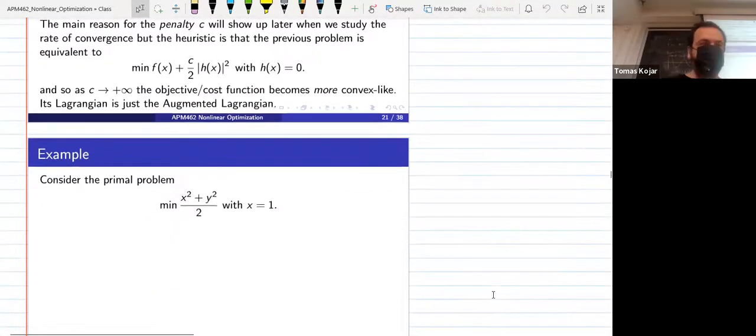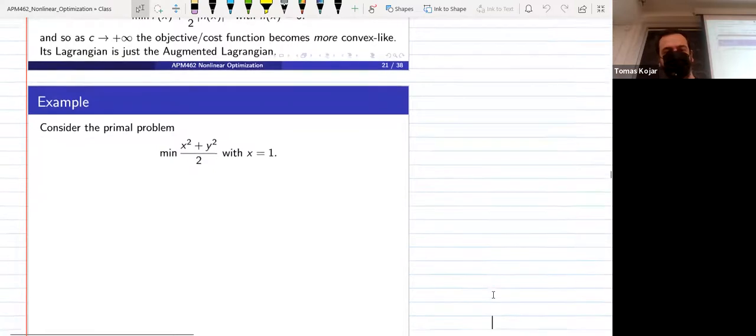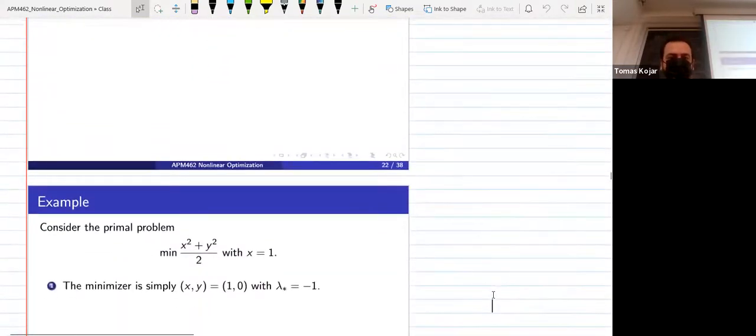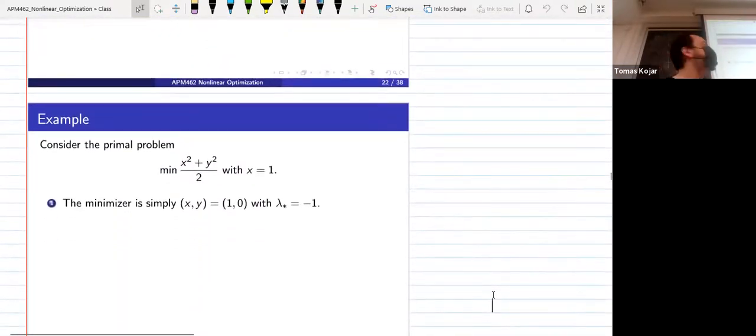All right, so let's do an example of computing this augmented Lagrangian. Same problem. Actually, no, you haven't seen this. I've seen it hundreds of times. So you have this primal problem, and again, you eyeball it. It says set x to be 1, which is stupid, right?